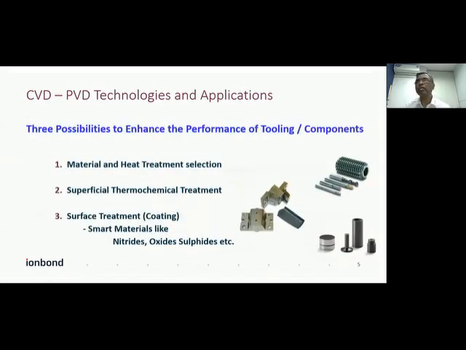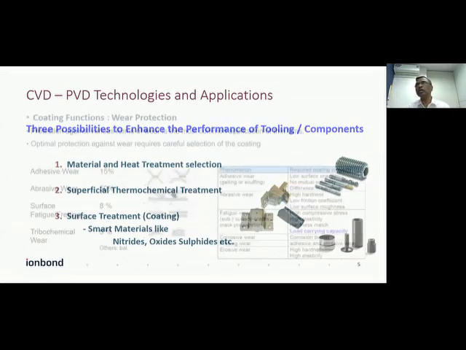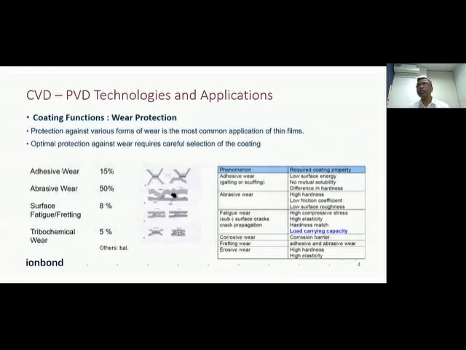Basically, there are different coatings we can use depending on what kind of wear pattern we are facing, to overcome that. Protective coatings can help protect against various forms of wear. This is the most common application of thin films, and optimum protection against wear requires careful selection of coatings.